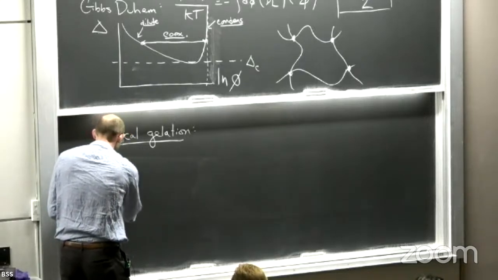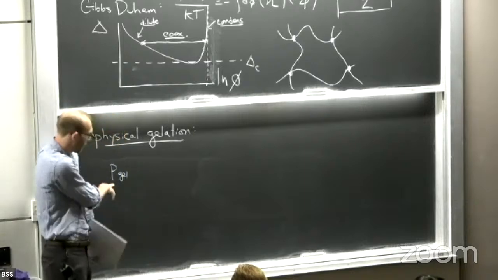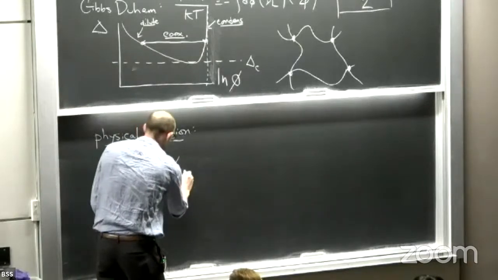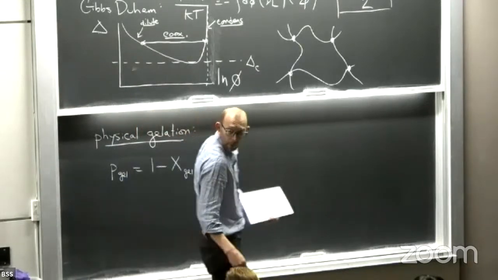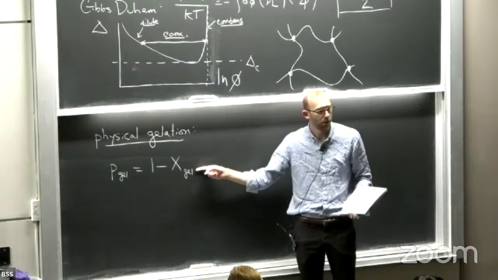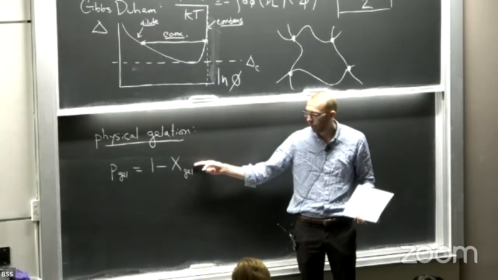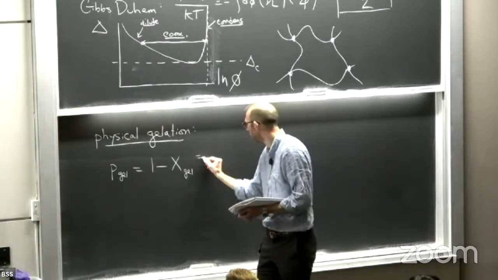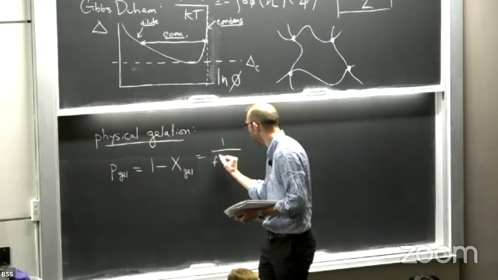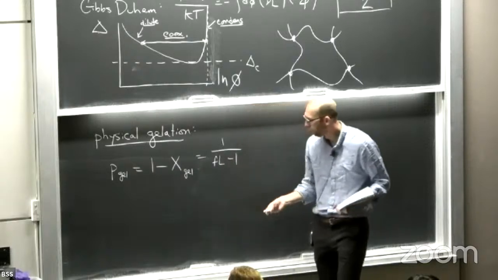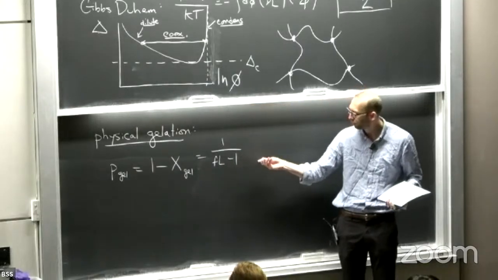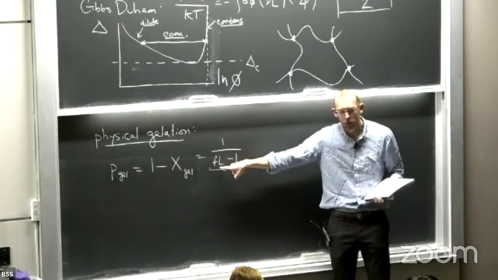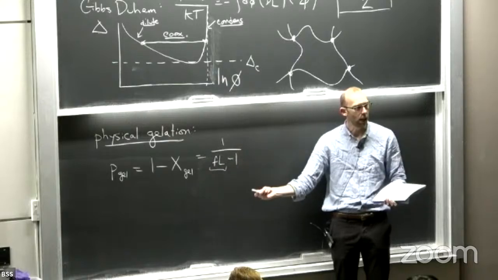It's the point at which the probability of some binding site in your gel, which is just 1 minus this fraction of bonded interfaces here, must be equal to this at this gel point. Okay, so again, this thing here is the total number of binding sites on any given polymer.